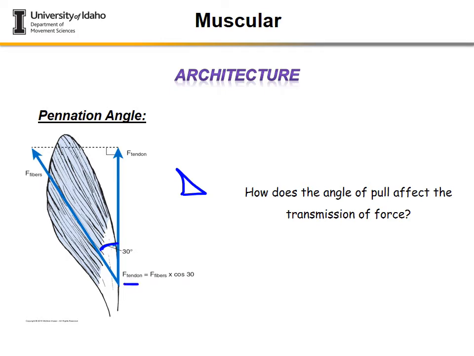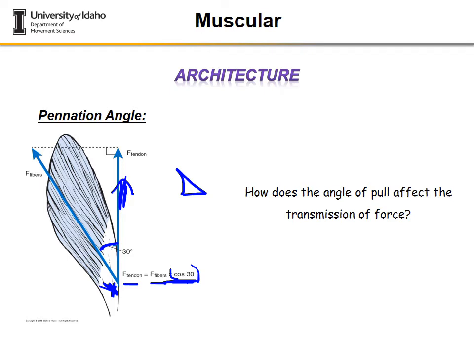If you have the force being produced by the tendon, which attaches at an angle to the bone, you have to take into account the angle of its insertion, because that is what is going to produce the pull in this direction on the fiber. So you have the fiber force, and then you multiply that times the cosine of the angle at which it's pennated, and that tells you how much of that fiber force is being transmitted into the tendon for the pull.